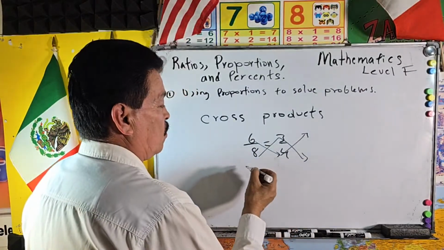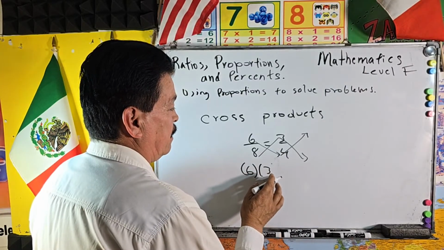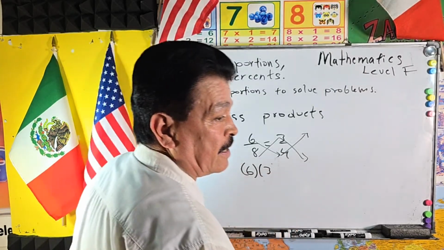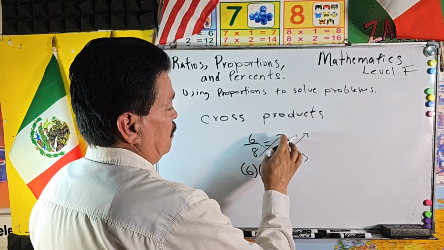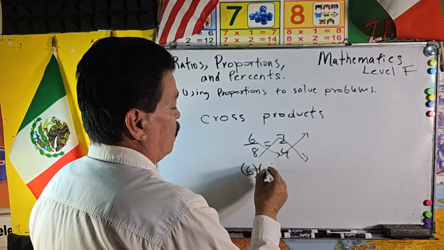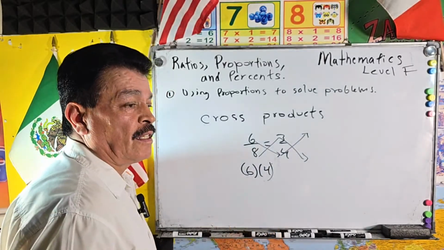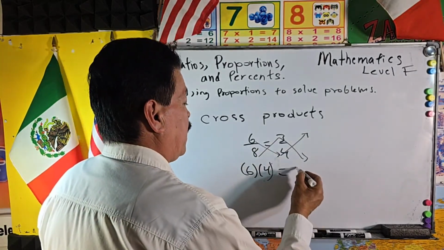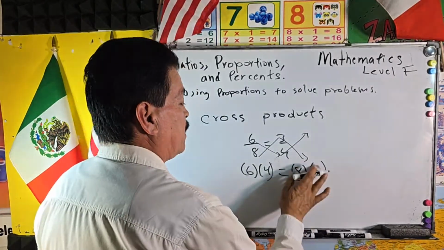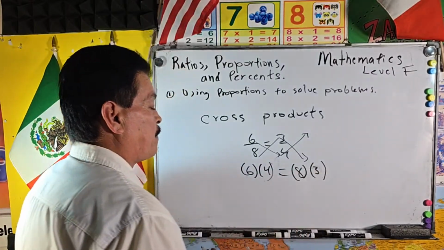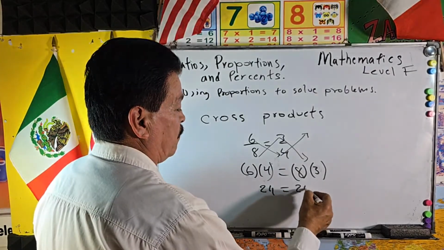6 times 4, and 8 times 3. 6 times 4 is 24, and 8 times 3 is 24, right?